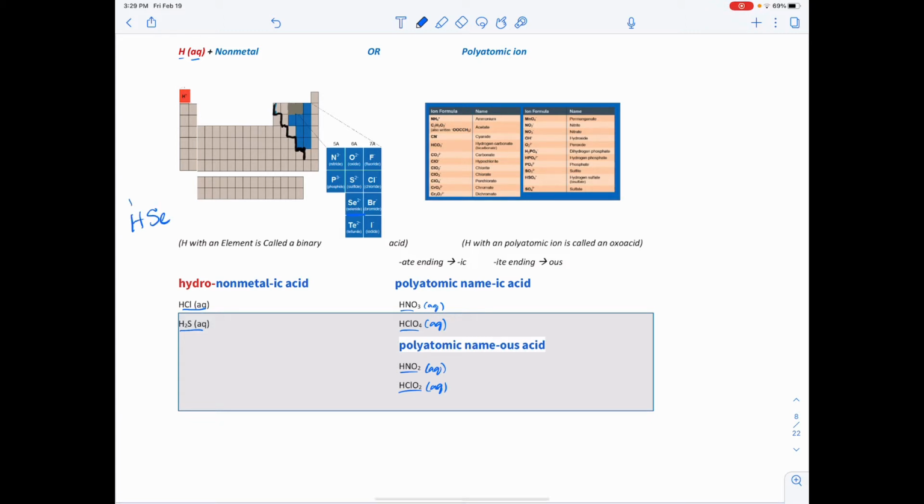H is always +1. And then Se, it falls in this category over here. It's the -2 category. And so you will need 2 H's to balance out that charge, so that you have the 2+ and the 2-. So you can do that with H's. Just remember, all H's are +1.